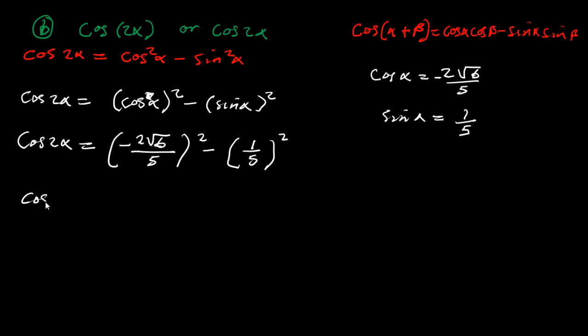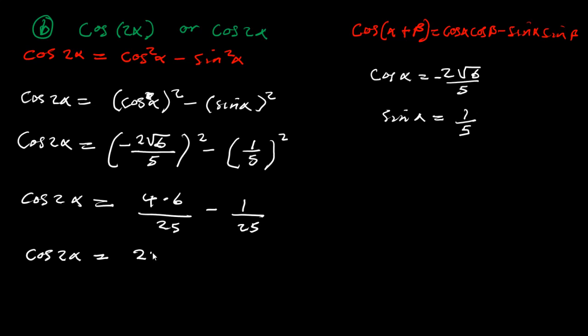So this will give us cos 2 alpha is simply equal to 4 times 6 over 25, and then minus 1 over 25. So cos 2 alpha is simply equal to 4 times 6 is 24 over 25, and then minus 1 over 25.